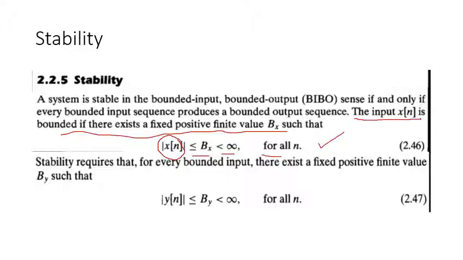Now if input is bounded, the output magnitude must be less than b of y, some fixed value, and that b of y is less than infinity. If both these conditions hold, the system is said to be BIBO stable. One more time, in stability we are concerned about the magnitude or the amplitude.